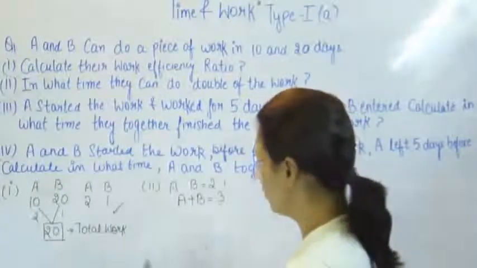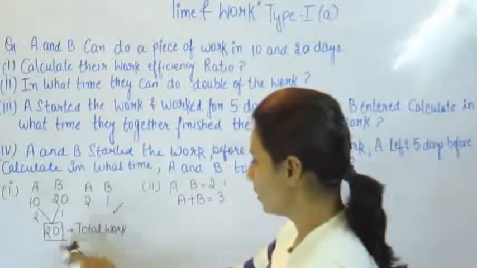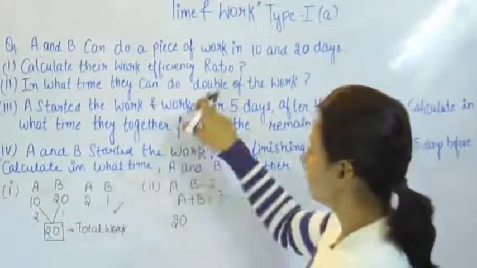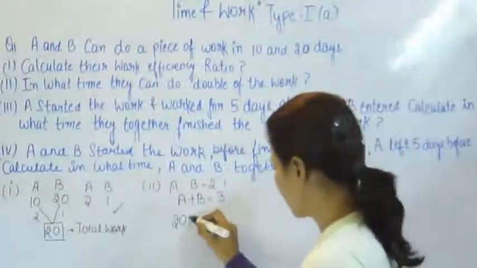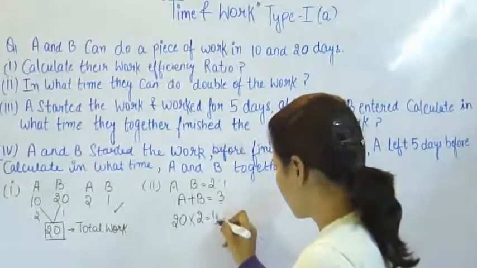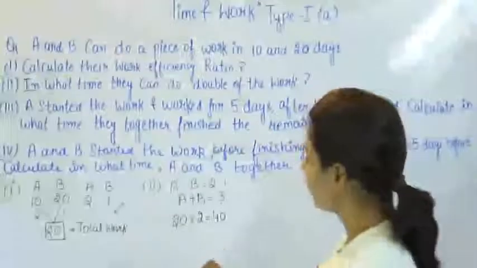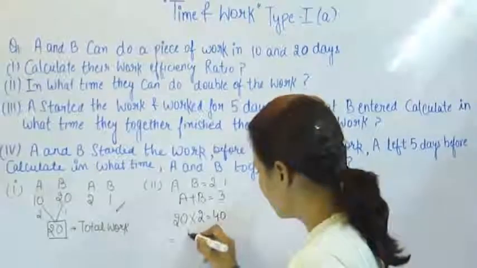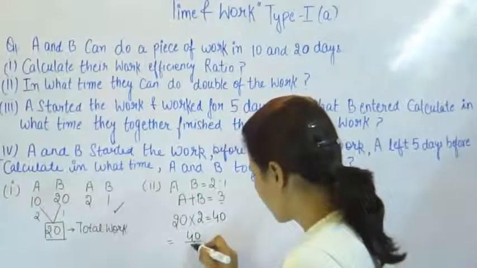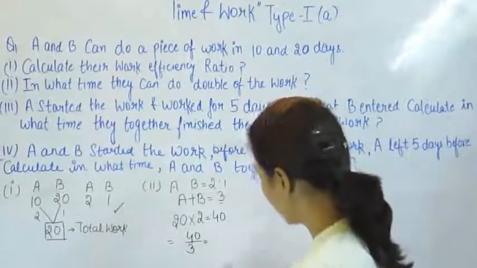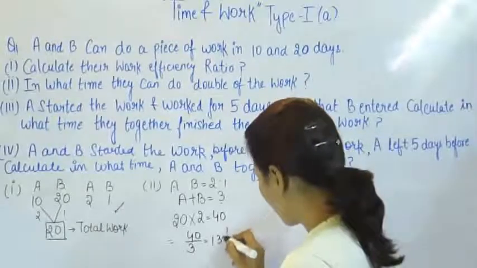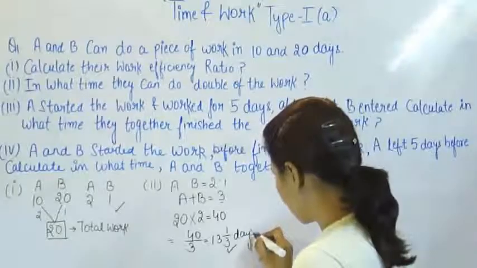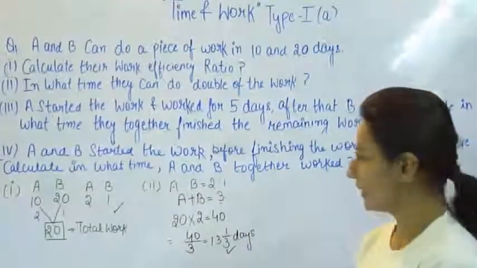A and B together is equal to 3 and total work is 20, but we have to complete double of the work, that is 40. So the question is in what time they both can do double of the work, that is 40. When we solve this, we get this answer. Right?